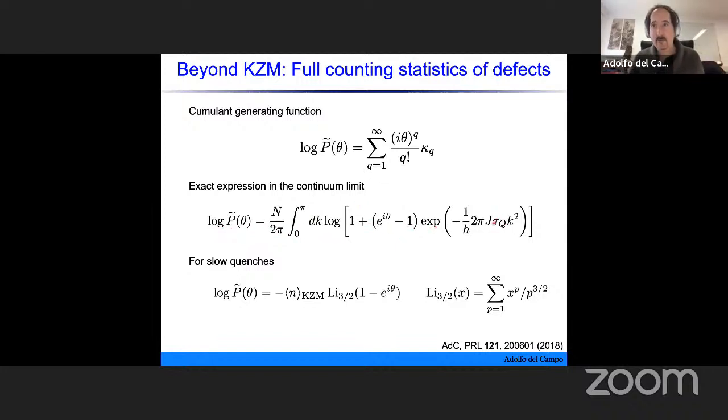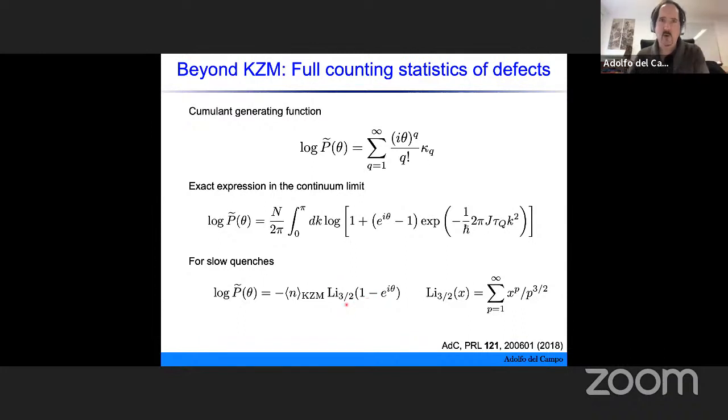If we take the limit of slow quenches, so large tau Q, then we can show that this expression collapses into a very simple one, which tells us that the cumulant generating function is proportional to the density of kinks predicted by the Kibble-Zurek mechanism times a polylog function, which only depends on the conjugate variable to the kink number. It knows nothing about the state. It knows nothing about the quench time or critical exponents. So this is just going to be coefficients.